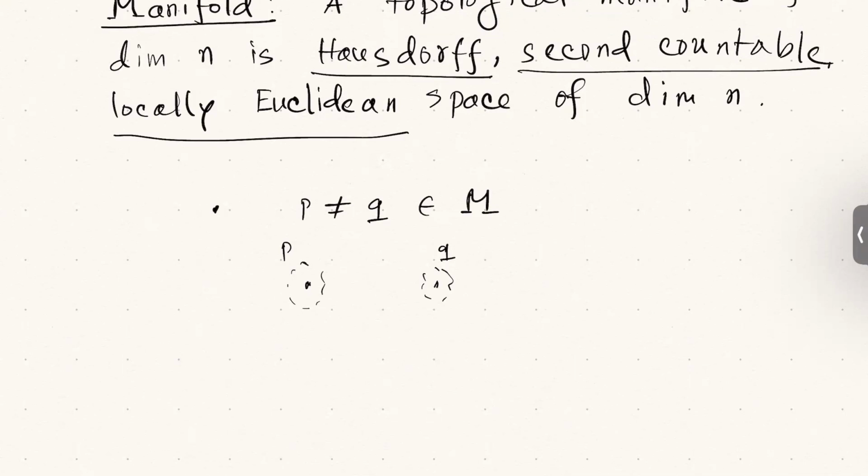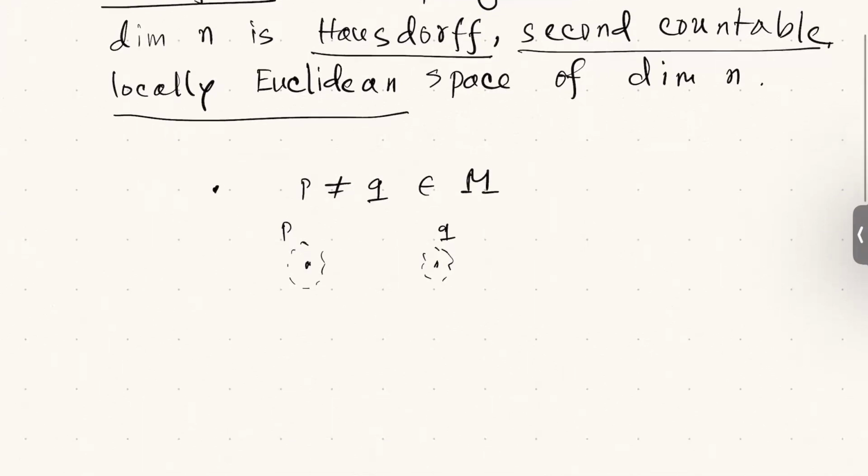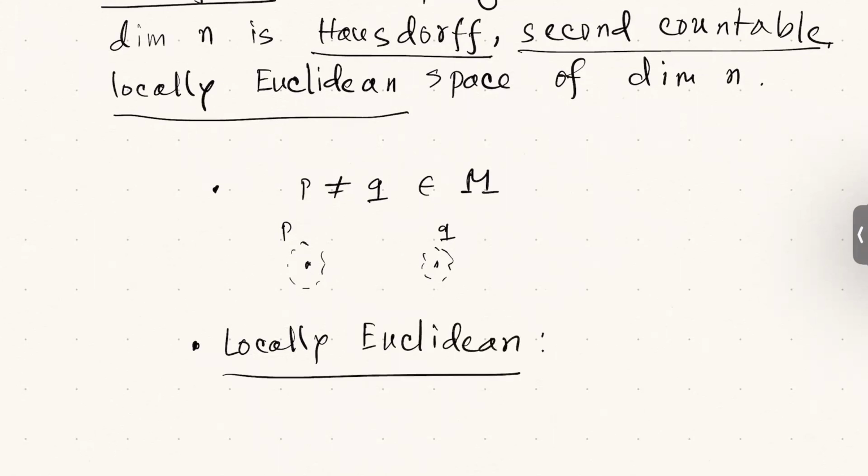But for local Euclidean, this is very important. What do you mean by local Euclidean?